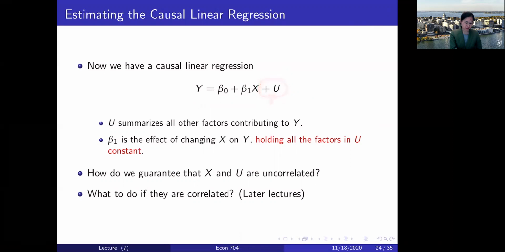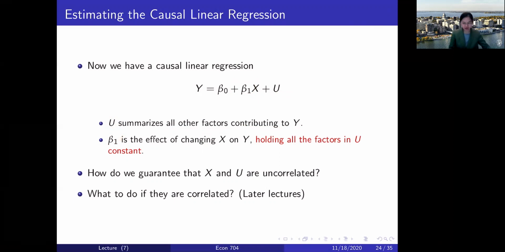And in the potential outcome framework, this u will be the demeaned untreated potential outcome. So u, in both approaches to tell a causal story, summarizes all other factors contributing to y. And beta 1 is the causal effect of changing x on y, holding all factors in u constant.